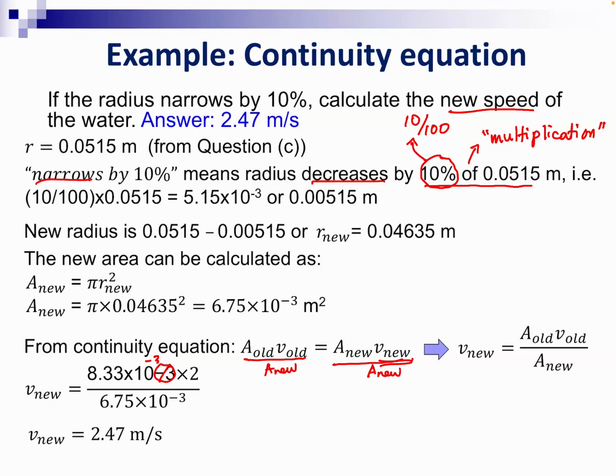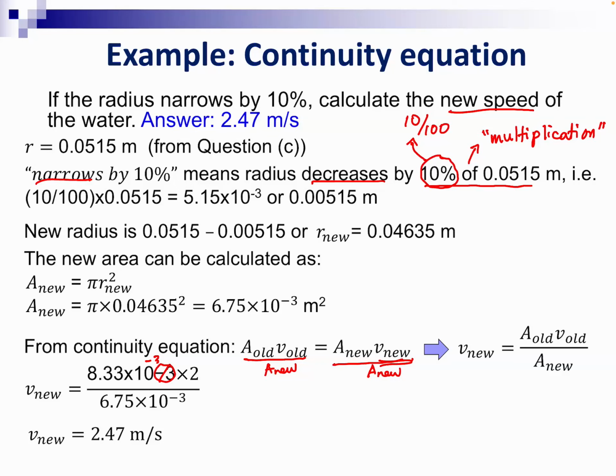And then we are able to find the new speed. So the old speed was 2 meters per second. The new speed is faster, well, because your new area is smaller because the radius narrowed by 10%. Cool. Any question about this, particularly dealing with percentages?